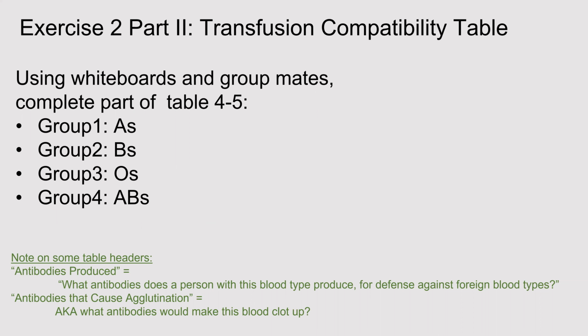And you have to match those with the appropriate blood types. And then you have columns for who you could potentially donate blood to, who you could potentially receive blood from. And then the last two columns are what antibodies you would produce to protect against foreign blood types given each blood type. And then the last column is the antibodies that would cause agglutination with the given blood type.